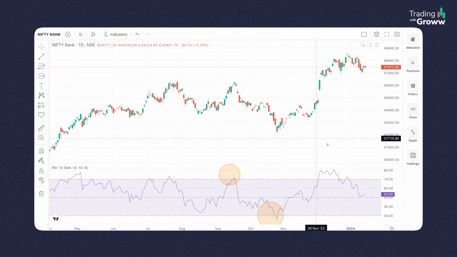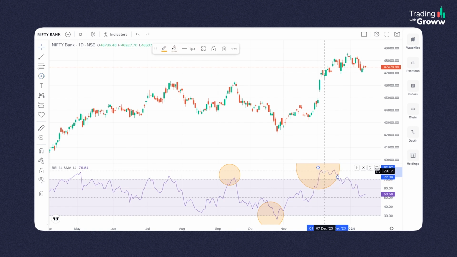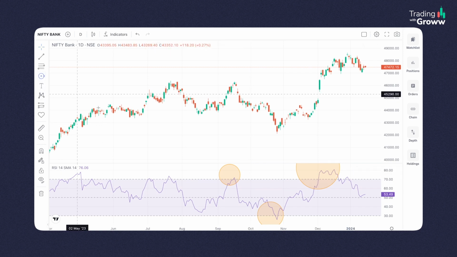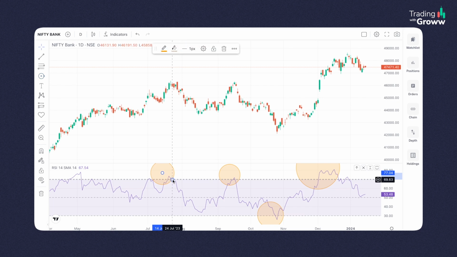And again, there was another instance where market was moving up, was above this overbought region, but then started declining. But the price did not decline. So what we have to identify is, forget the price for now. On a daily time frame, identify the reversals with RSI first. Find out where the RSI is reversing after crossing the overbought region or oversold region. That is when we are going to get into a trade.